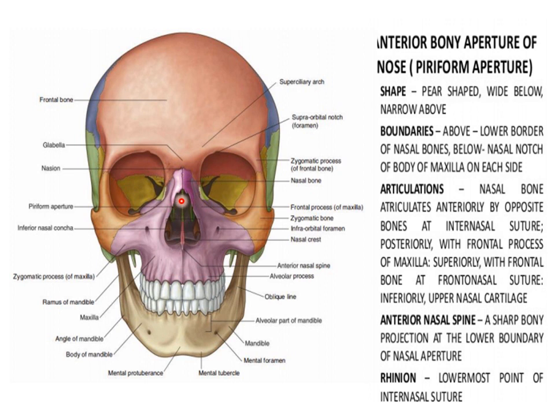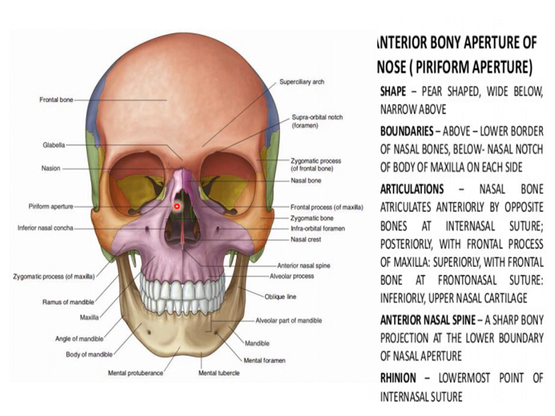Above, it is bounded by the lower border of the nasal bones. Below, it is bounded by the nasal notches of the body of the maxilla on each side. So inferiorly it is bounded by the nasal notches of the maxilla, superiorly by the lower border of the nasal bones.